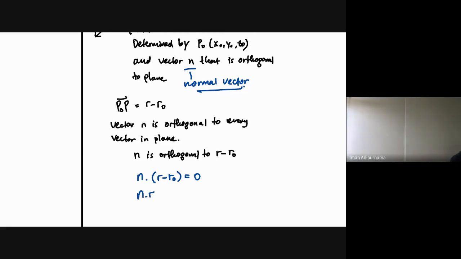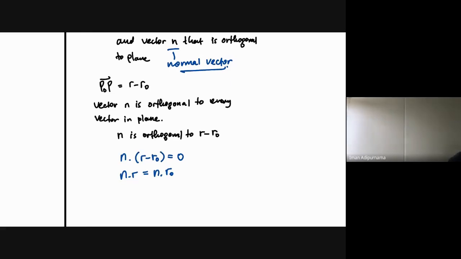And we can also write that this is equal to this. So this is called the vector equation of the plane.